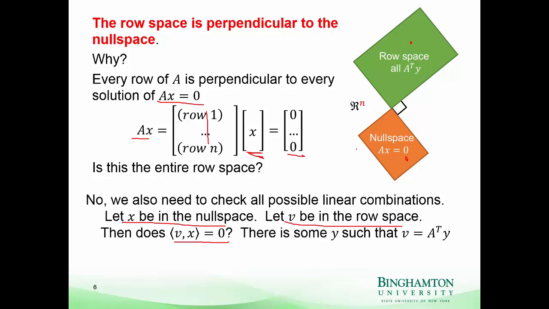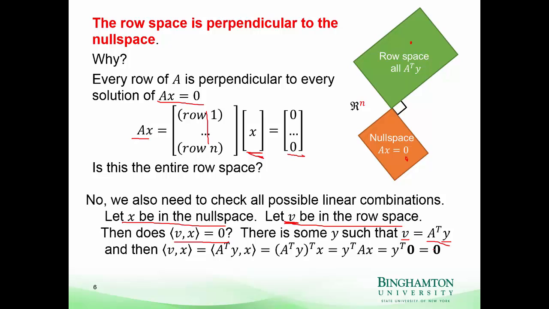Well, since v is in the row space, that means that it can be built from the rows of A, and so that means that there is some vector y such that when we multiply A transpose y, we get the selected v. Not special, but just the any v that we picked. So then let's look. v inner product with x is equal to, let's put in what we had for v.